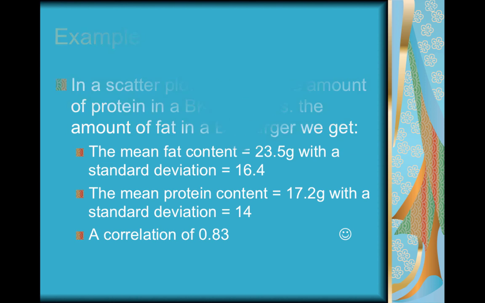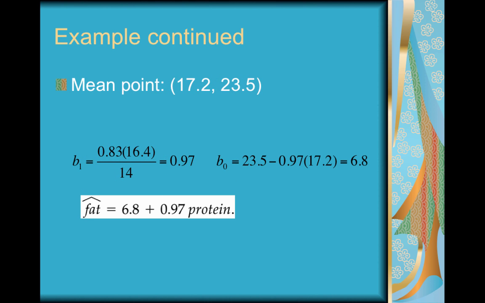Continuing with the example, the mean point then is 17.2, 23.5. Our standard deviation of our y variable is 16.4, the standard deviation of our x variable is 14, and our correlation coefficient is 0.83. This is all we need to find our slope and our y-intercept.